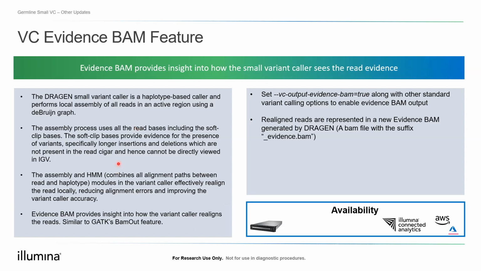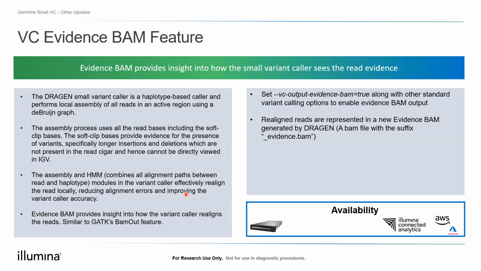of the mapper. So what we do now is we generate a second BAM, or what we are now referring to as the evidence BAM. And that BAM will have the exact information that the variant caller is seeing. And hence, you can now investigate whether a certain variant call was correctly called or not. So this is, again, very similar to GATK's bamout feature, if you're familiar with that.